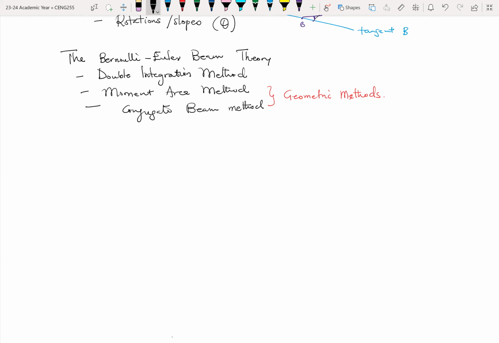So now let's look at the supports, general supports, and how supports behave in terms of deflections.